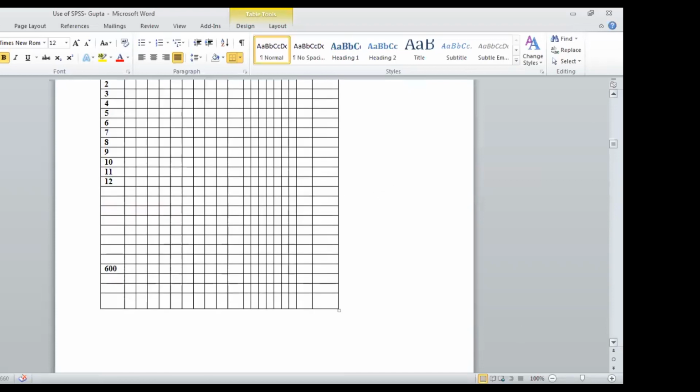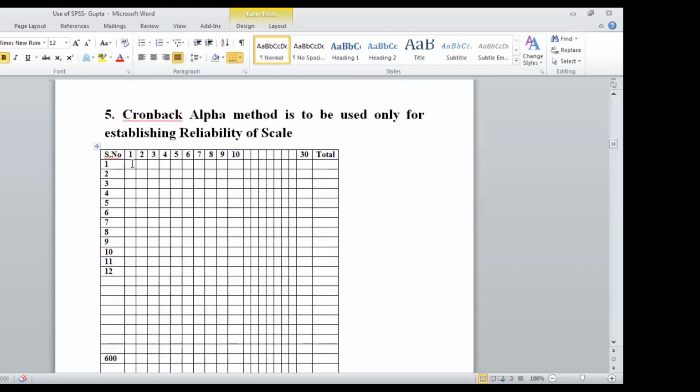Now, this is the item number 1, because it is a scale. And if you have a 5-point scale, then your lowest score can be 1 and the highest score can be 5. So therefore, the score can range from 1 to 5.